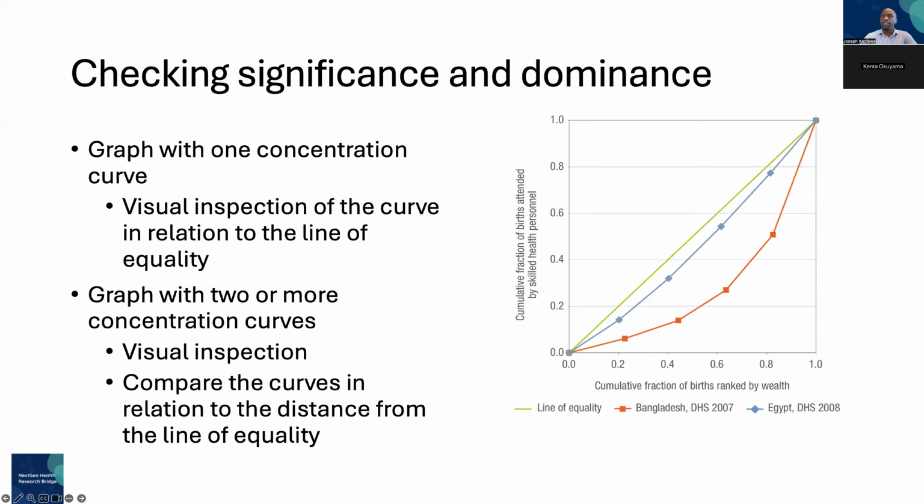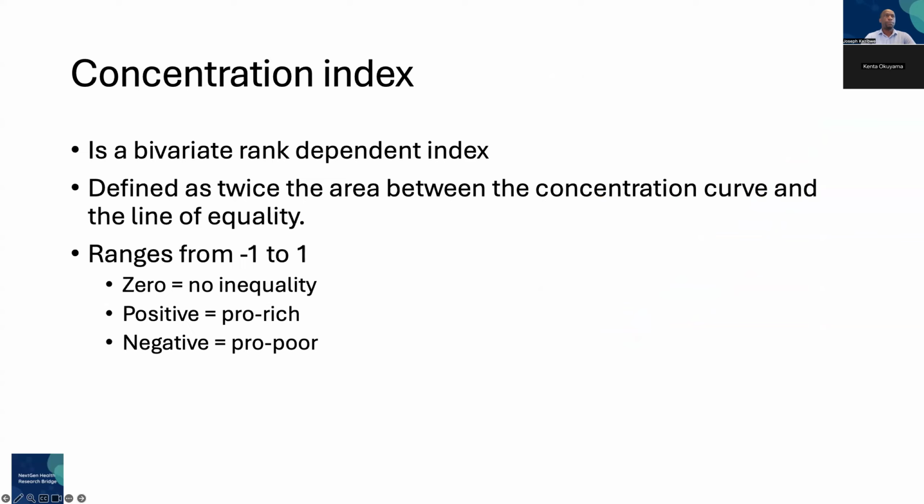And we can see that in this particular case, Bangladesh seems to have more inequality compared to Egypt, given the positions of the curves. So that is just an illustration of this.